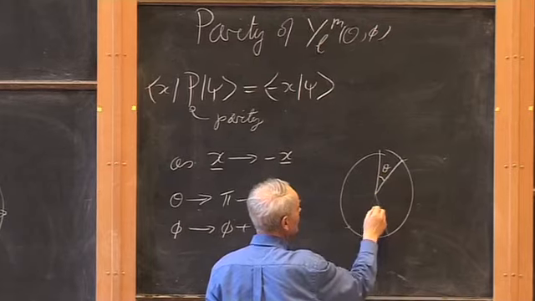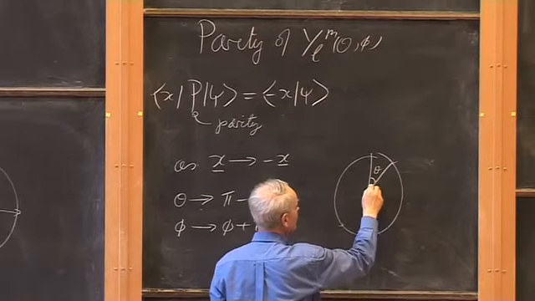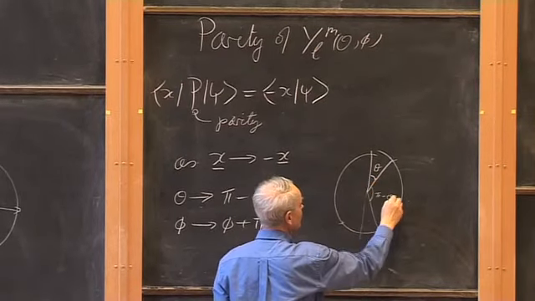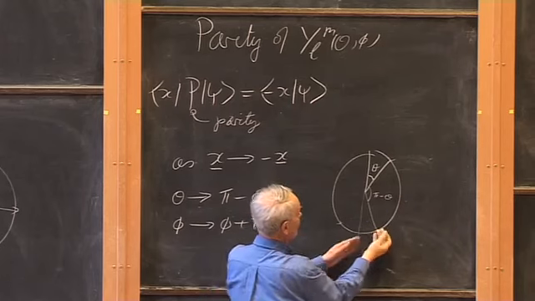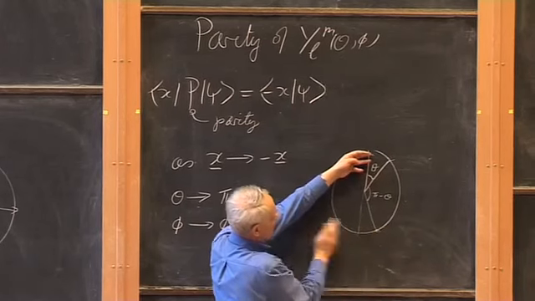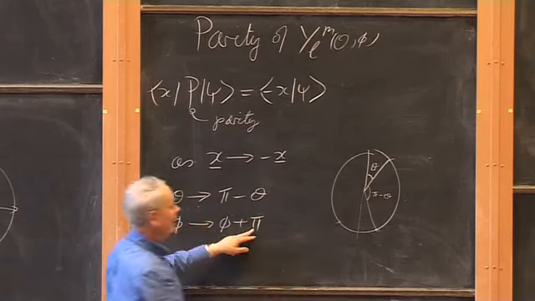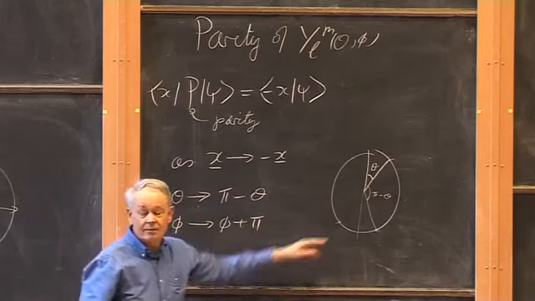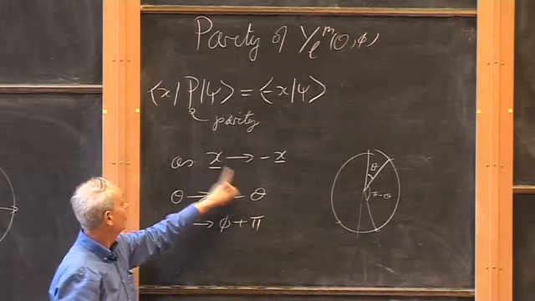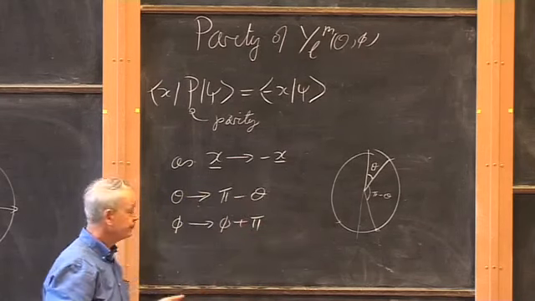That's theta goes to, so this theta goes to pi minus theta. And then, having got it down here, we rotate it through, out of the board and back into the board, through pi in phi, and that's how we get it down here. So these are the changes in polar coordinates that are associated with that.